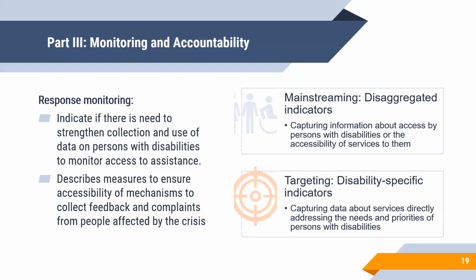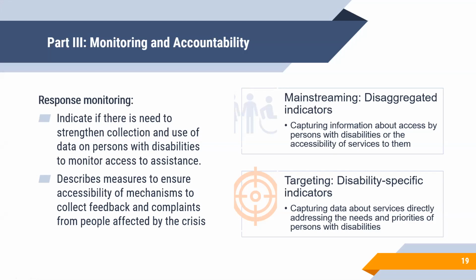So maybe just a very brief example from education. In terms of disaggregated indicators, we would recommend, for example, that the number of children accessing schools is disaggregated by disability.